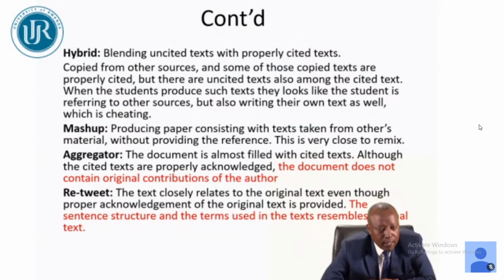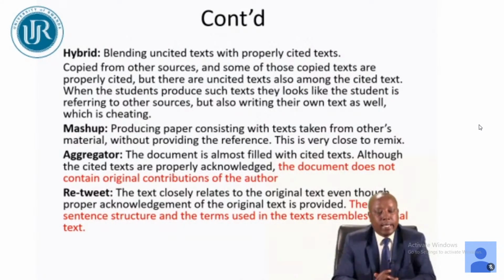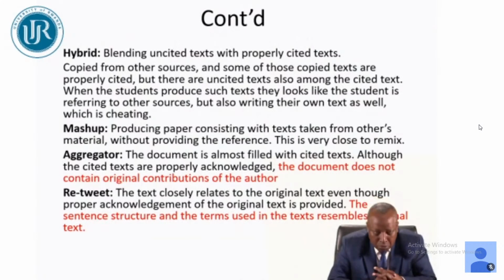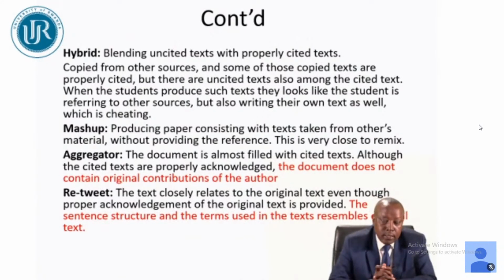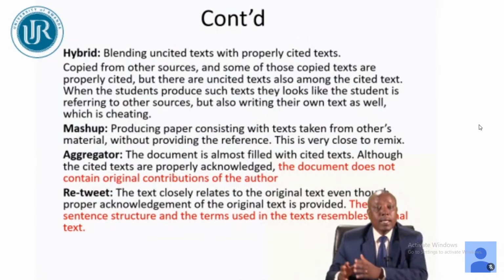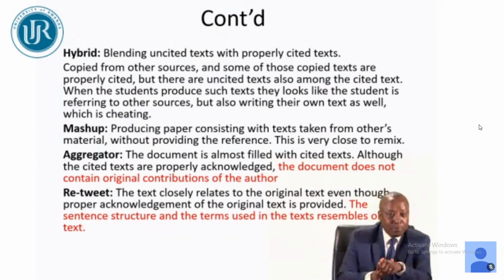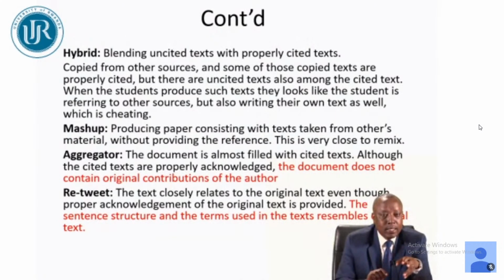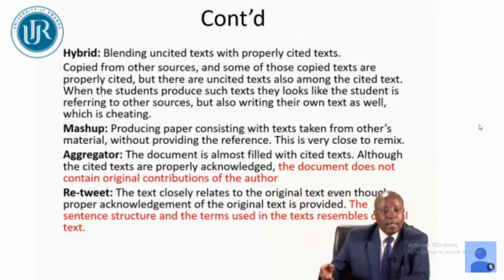Even those who are working, they go on the internet. All of you know Google as a search engine. They go there, they take different paragraphs, they put them in the document, and they are very clever.